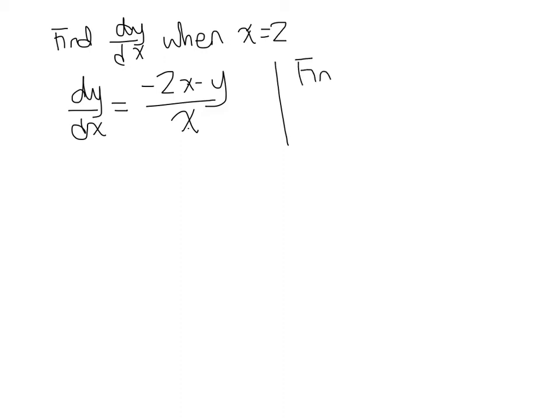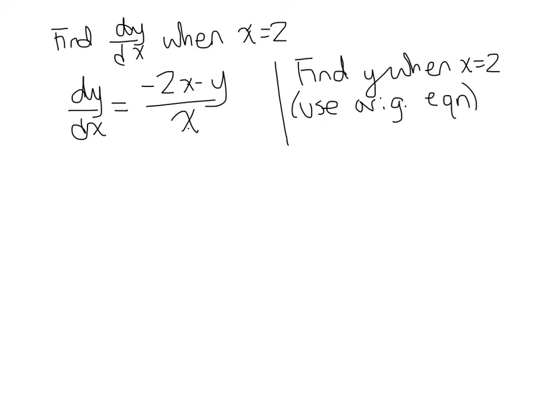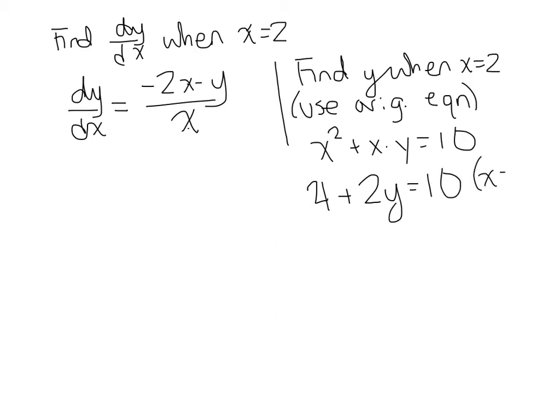So we need to find y when x equals 2, and to do that, you want to use your original equation. In that equation, we have x squared plus x times y equals 10. If x is 2, we'd get 4 plus 2y equals 10. If we work all this out, we get 2y is 6, so y is 3.